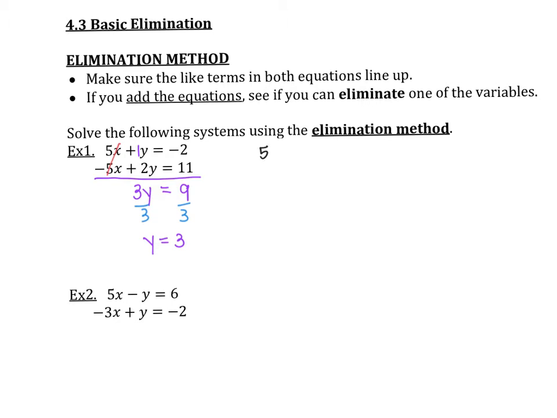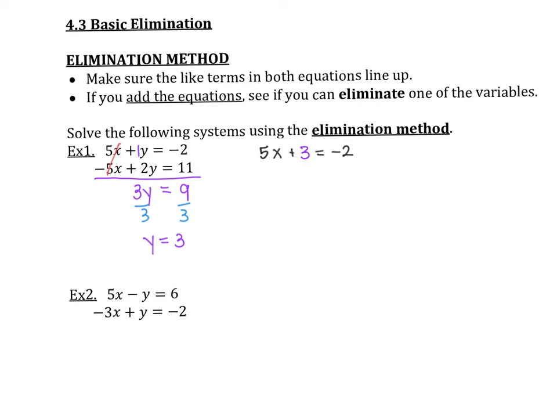I'm going to copy the first equation. I didn't pick the first one for any particular reason. Okay, now I know that y equals 3. So where the y is, I'm going to plug in 3. So instead of y, I'm going to plug in 3 there.